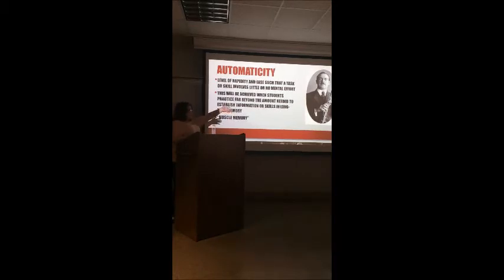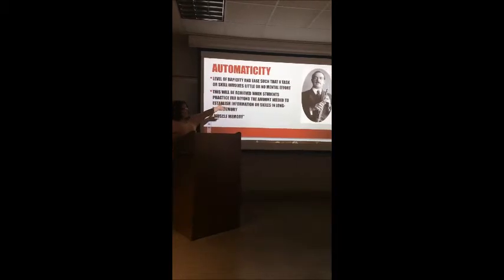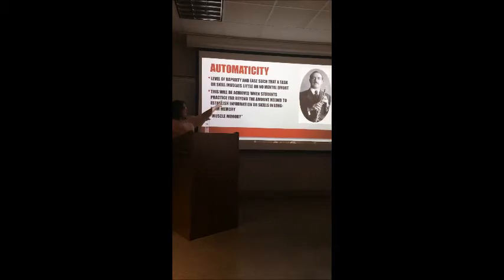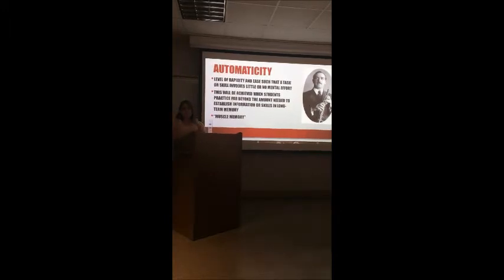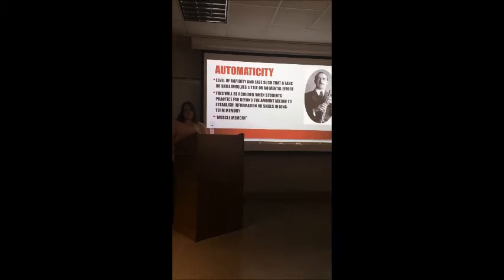I put a picture of a guy with an oboe here because I used to play oboe and it makes me pretty happy. But it's the idea of muscle memory. If you're playing a piece you've played 50 million times, you're more likely to remember that piece, not necessarily because you're cognitively thinking about it, but because your fingers are already used to it. So it comes automatically to you.